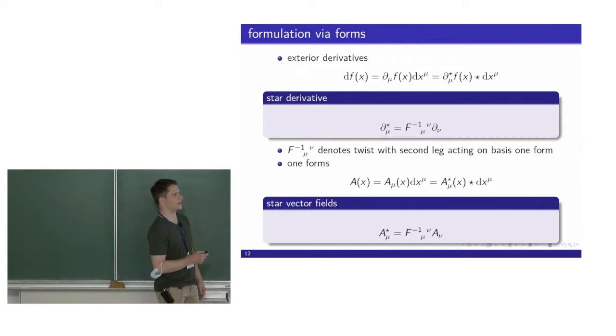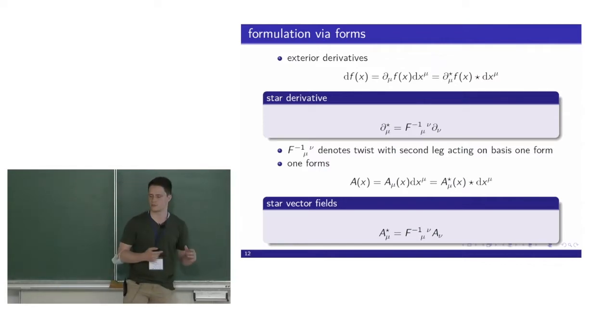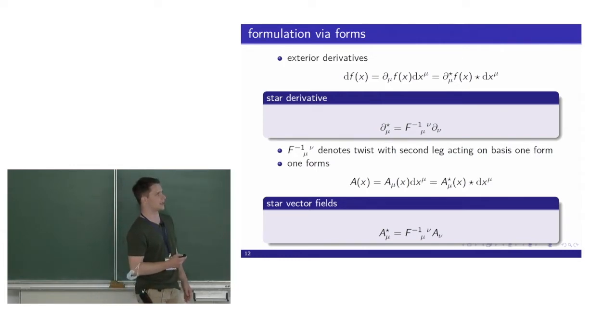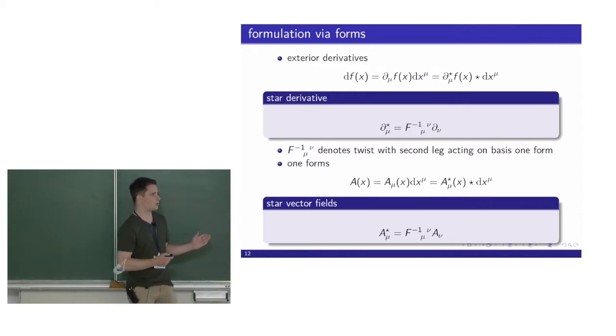In a given basis, they are just defined via the partial derivatives of a function times these basis 1 forms. That's okay, but this is not really respecting the twisted Hopf algebra structure. Instead, we would like to have a star product in between those objects. So we just define a star derivative acting on this field such that this really respects the twisted Hopf algebra structure.